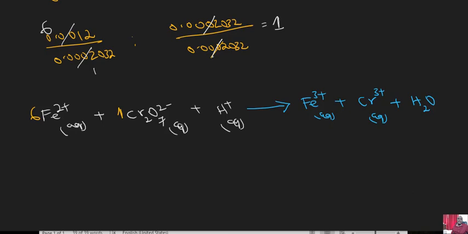And dichromate 6 to chromium 3, we have got a gain of 3 electrons, but these are 2 chromiums. 2 chromiums, each receiving 3 electrons, they will need 6 electrons contributed by 6 iron 2.